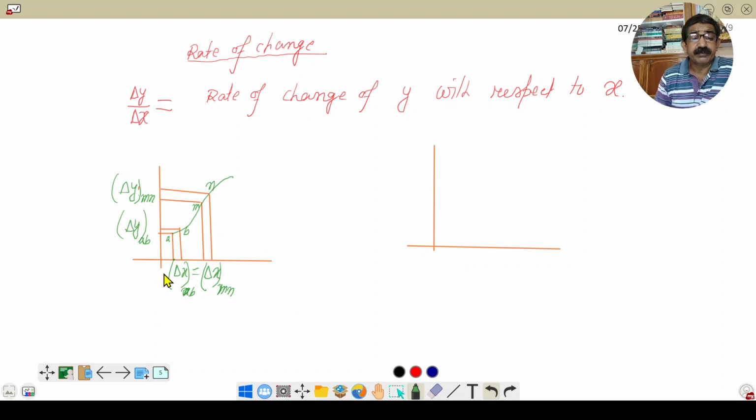Now concentrate on this figure. If we draw this picture in a different way, like this, delta x and delta y. Just concentrate on these two figures.